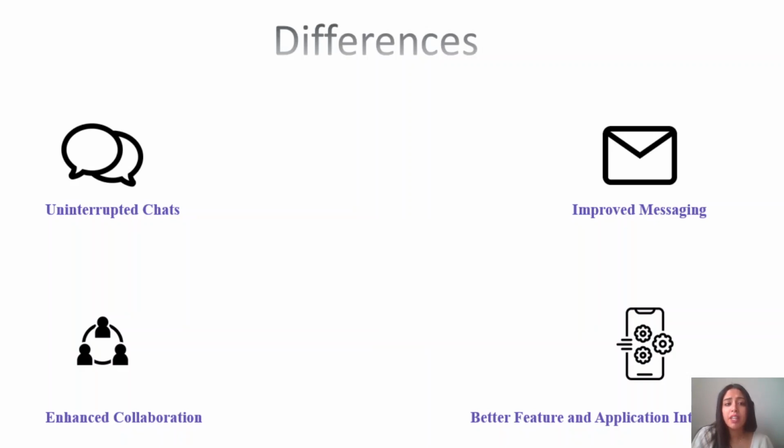So the second main difference is improved messaging. For Skype for Business, clients had several improvements when it comes to instant messaging. Microsoft Teams takes it a notch further. It allows its users to include stickers, apps, and chats apart from the files and emojis along with these messages.